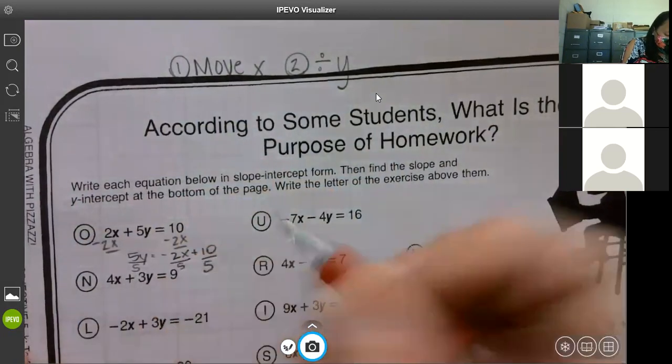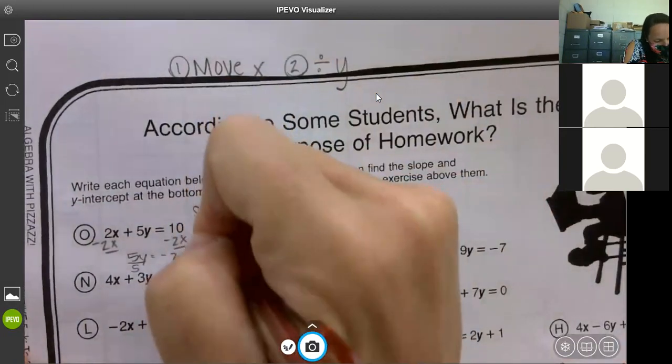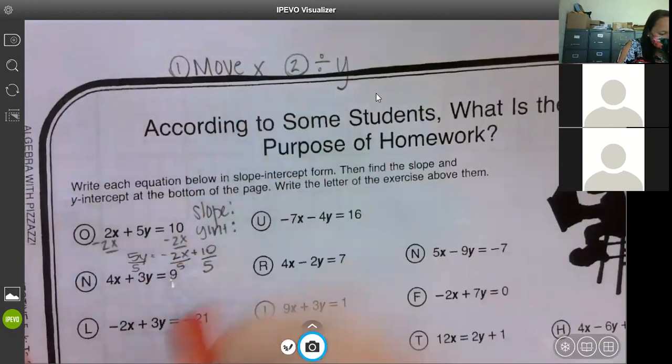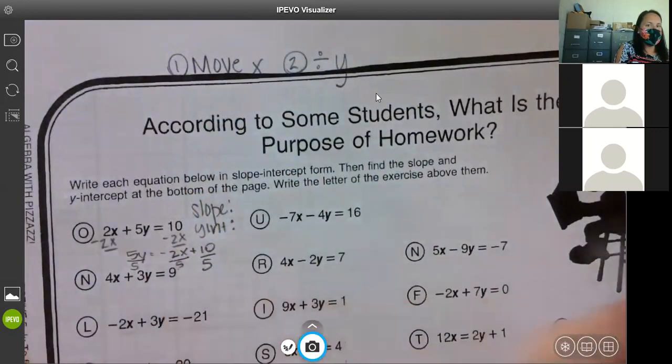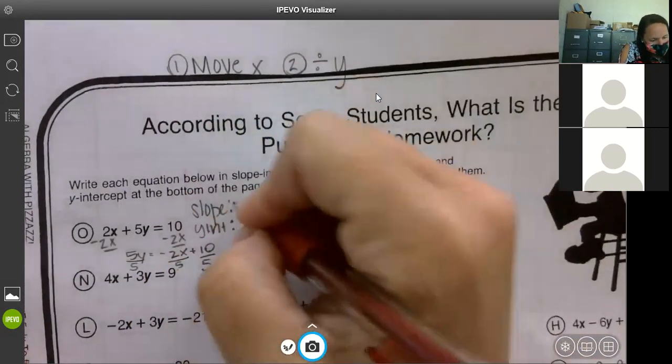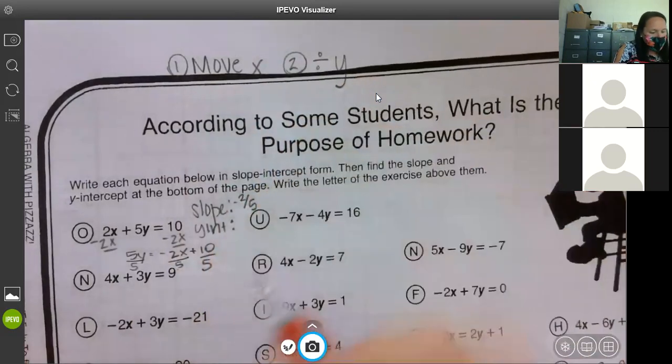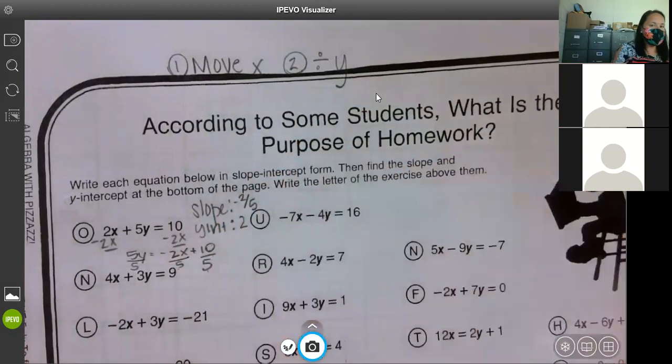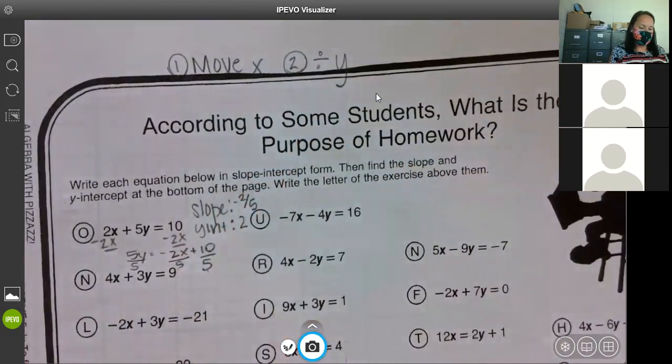All it wants you to do is find your slope and your y-intercept. So my slope is right here. What is my slope with x? Negative 2/5. What's my y-intercept? 10 divided by 5 is positive 2. You go down to the bottom.